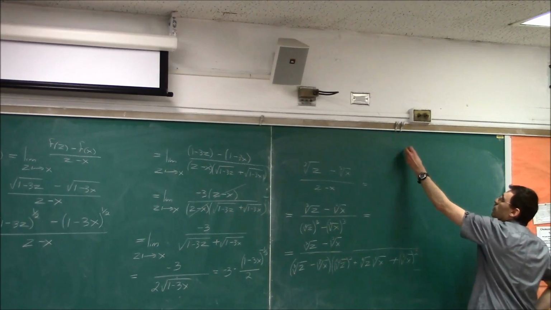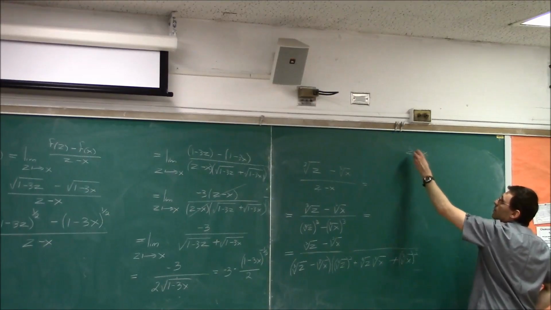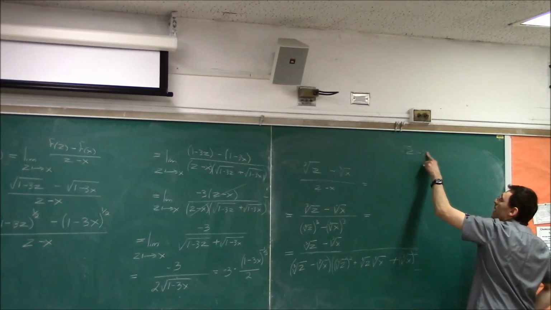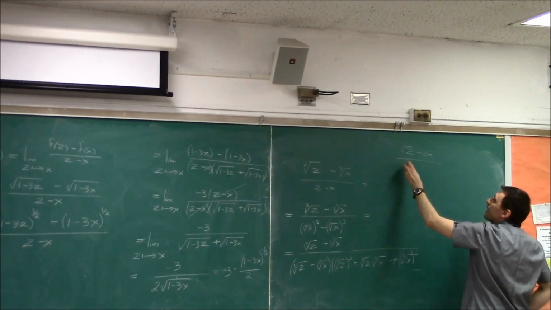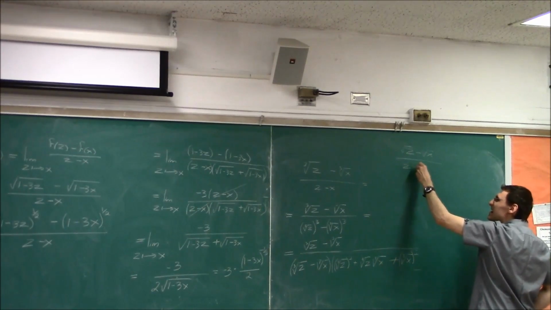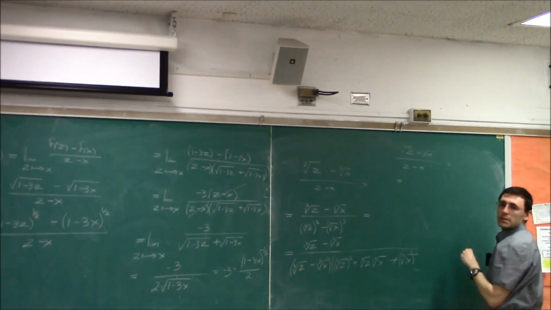You see, if you look at the conjugate in this case, root of z minus root of x over z minus x. Why do you know the conjugate is root of z plus root of x?